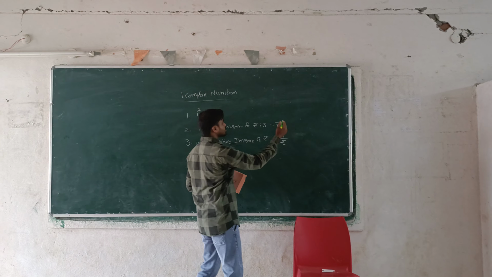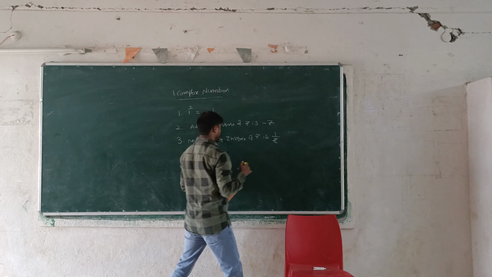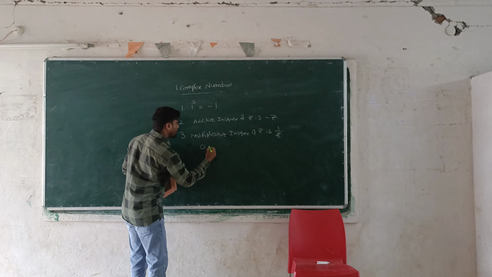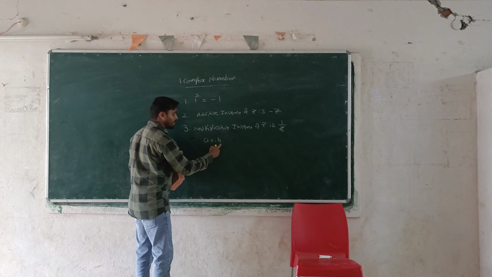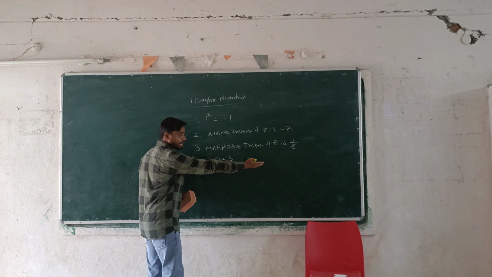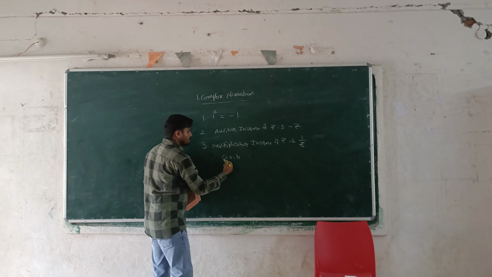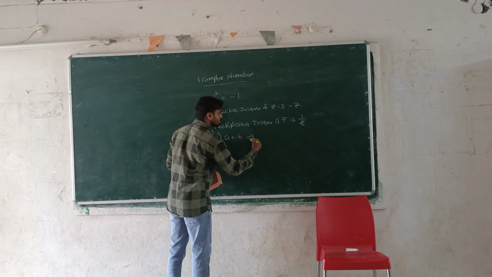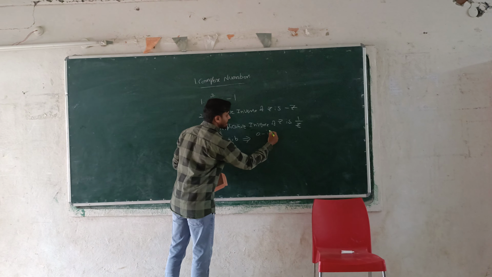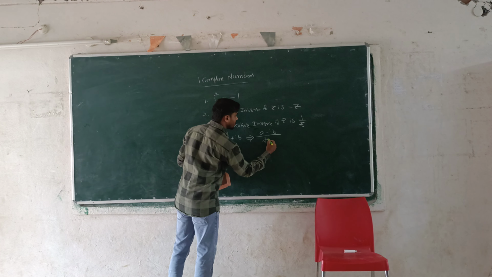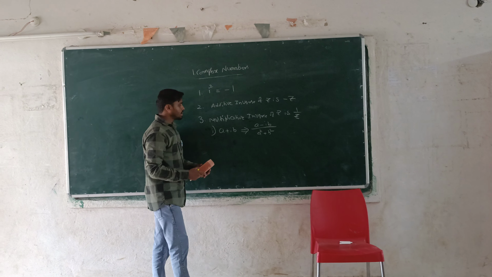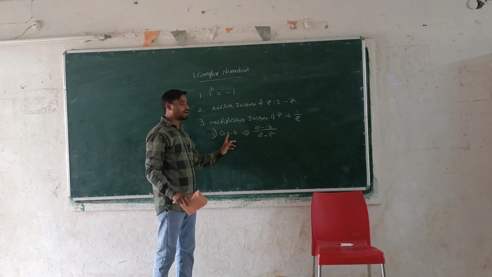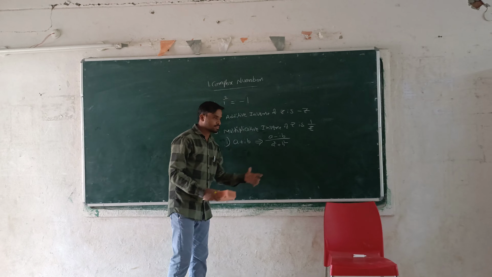So quickly, what is the multiplicative inverse of a plus ib? I have already derived it here. The multiplicative inverse of this complex number is a minus ib by a square plus b square. Is that right? Yes, sir. Here plus is there, and the multiplicative inverse is this one.